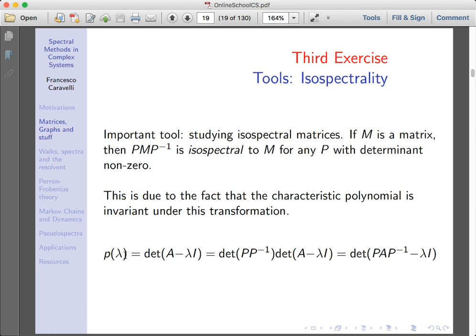So in this sense, given a certain set of eigenvalues, you have a whole class of matrices that have the same set of eigenvalues, just by generating all possible invertible P's. So it's a huge class.